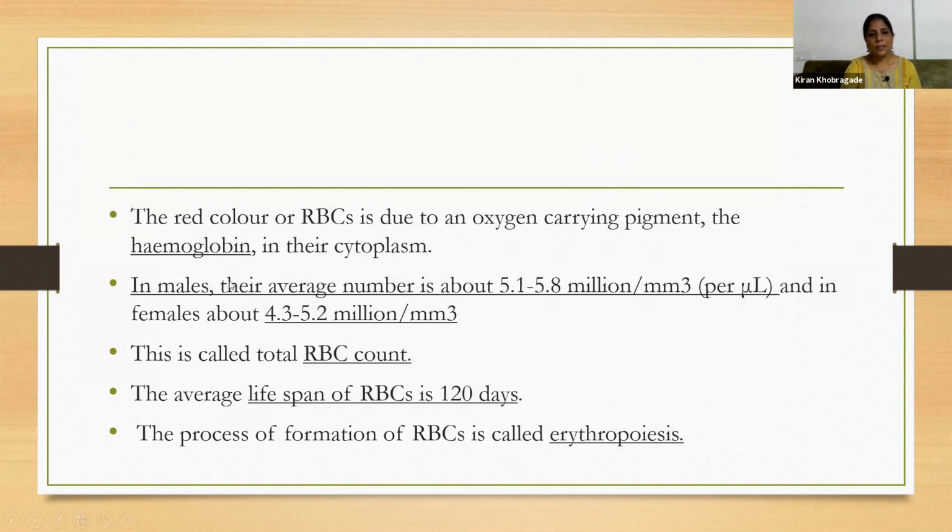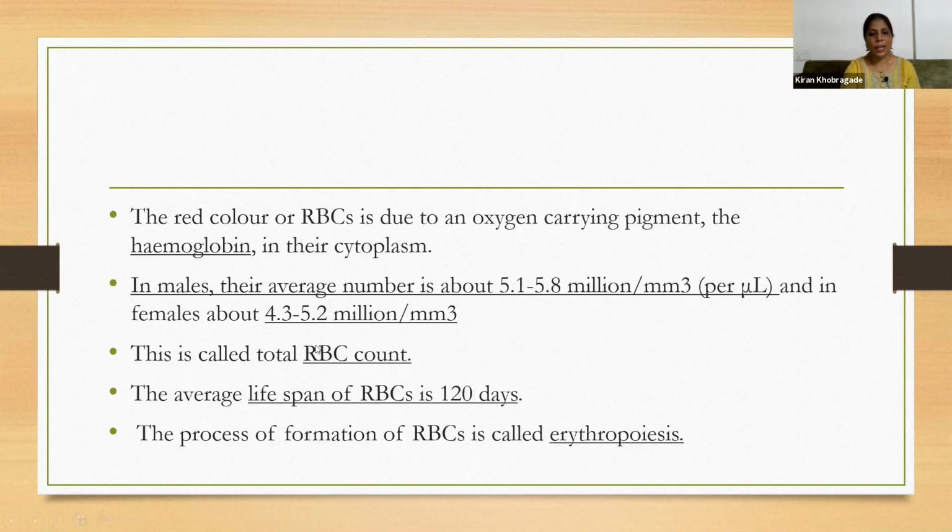Now the RBC count of erythrocytes differs in males as well as in females. In males, the average number is about 5.1 to 5.8 million per cubic millimeter. Whereas in females, it is about 4.3 to 5.2 million per cubic millimeter.